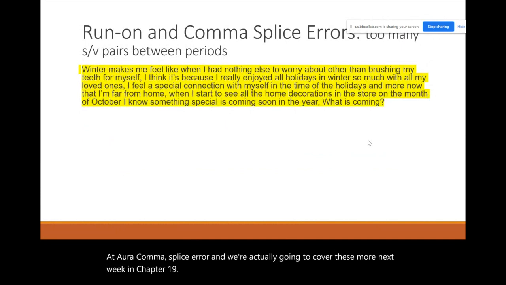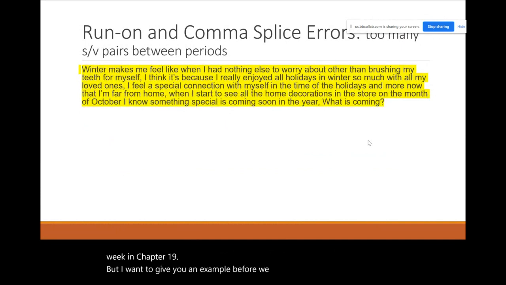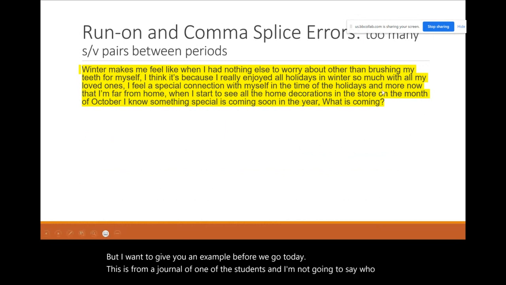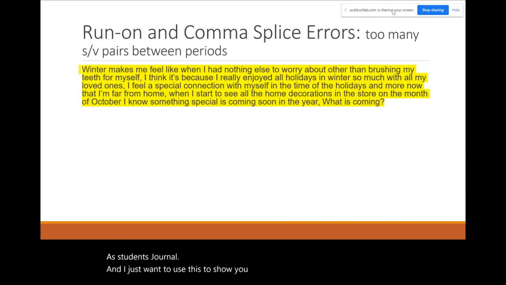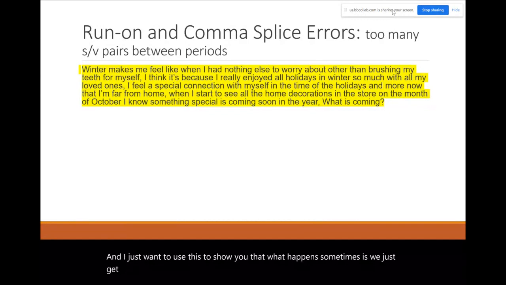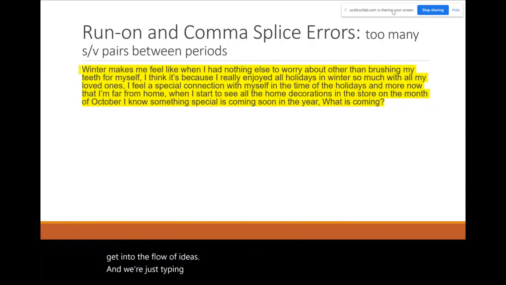But I want to give you an example before we go today. This is from a journal of one of the students, and I'm not going to say who, but this came from a student's journal. And I just want to use this to show you that what happens sometimes is we just get into the flow of ideas and we're just typing and typing and typing, but we're not creating good, complete sentences, okay?